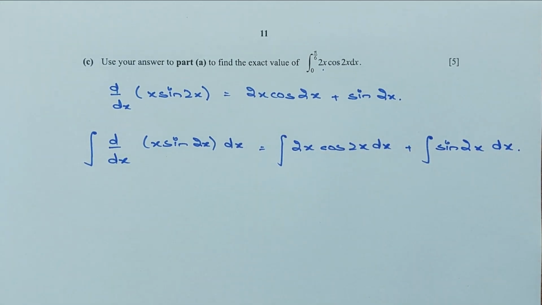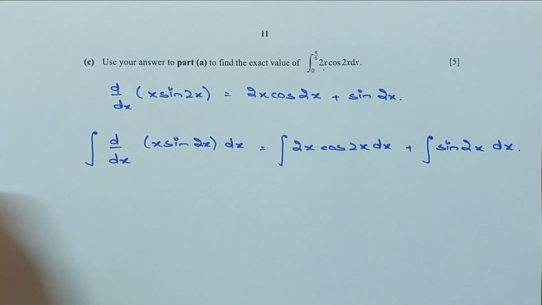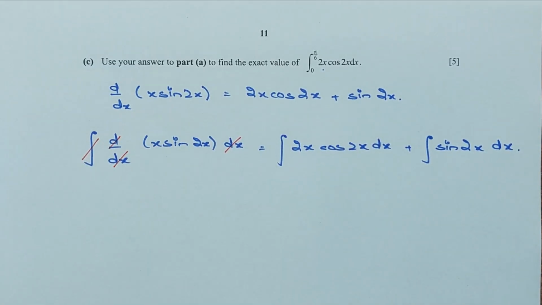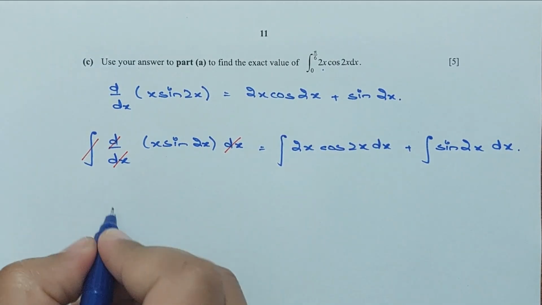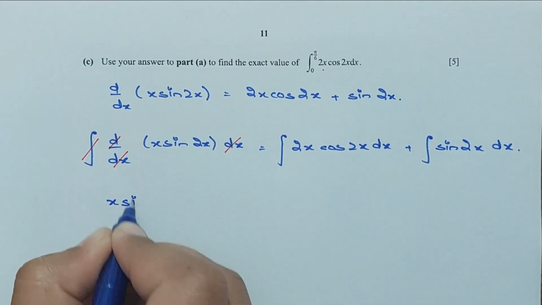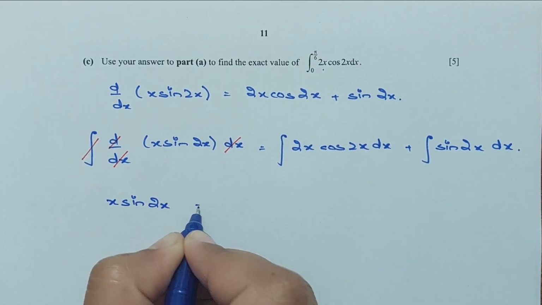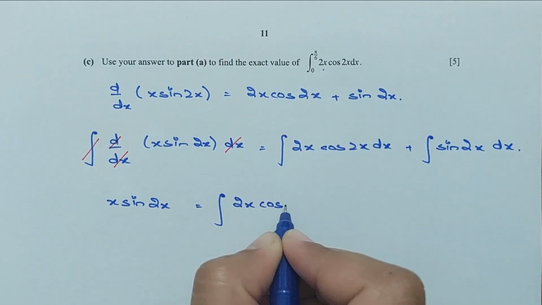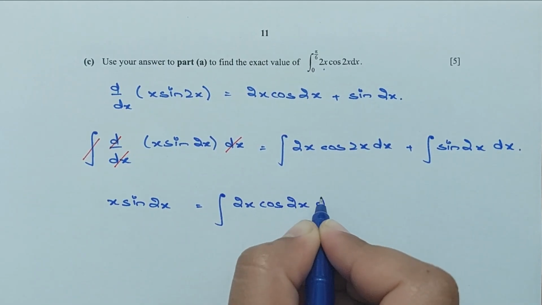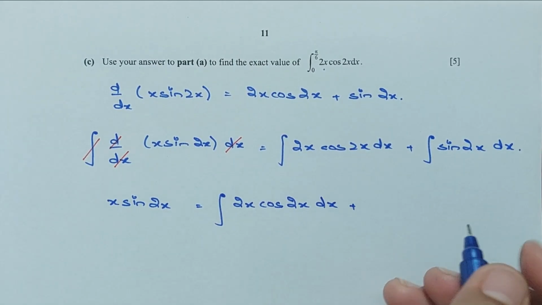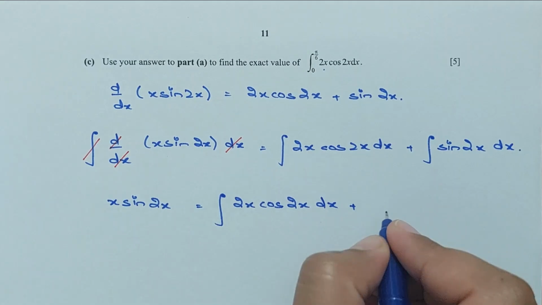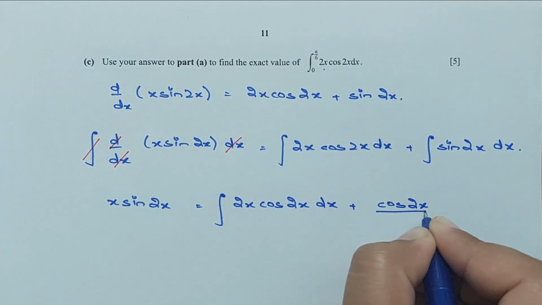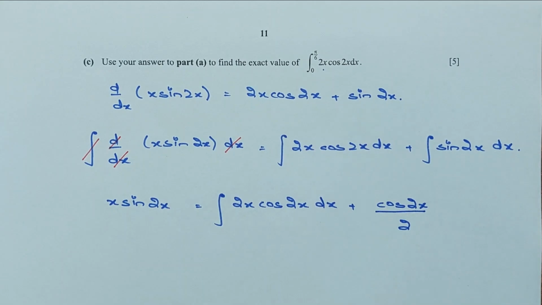Right? Now from here, dx cancels with dx, and derivative and integral cancel out. So we have x sine 2x. This is the integration of 2x cos 2x dx, and the integration of sine is negative cos. So cos 2x, and the derivative of 2x is 2, so dividing by 2, right?